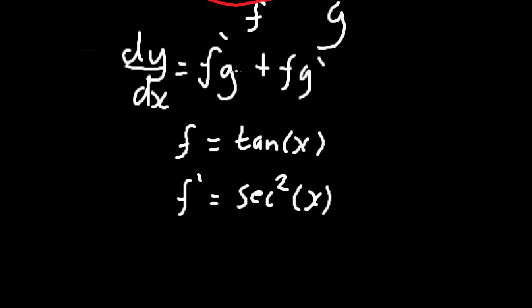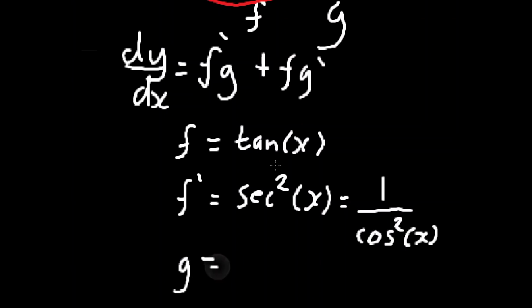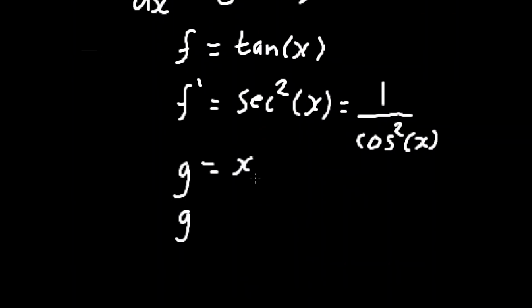That is just 1 divided by cos squared. Okay, I'm going to write it like that because it's a bit easier to remember. Okay, and then the next one we write our g, x, and then the differential of that, which is equal to 1, which is a lot easier.